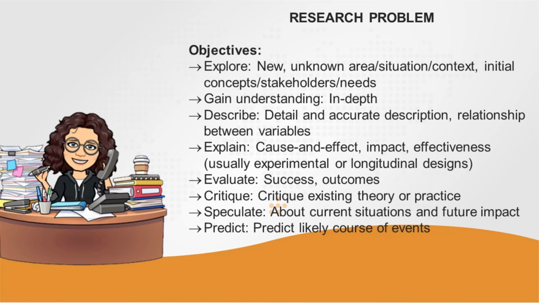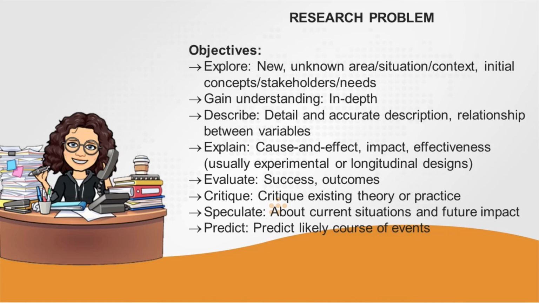Here are some examples of aims and objectives we often use in organizational communication research projects. The first is exploratory objectives. This is for exploring a new area of research or a new situation or context, or trying to identify key concepts or key stakeholders or key needs pertaining to a specific communications phenomenon.